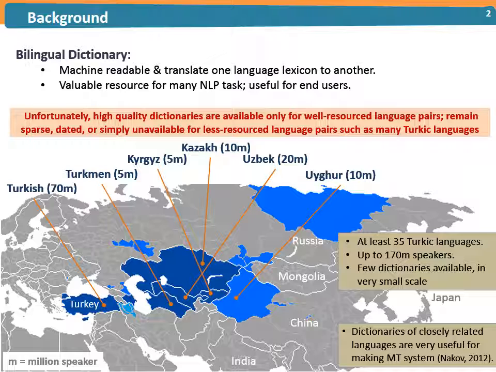But there are few dictionaries available for those languages in between, and they are very small scale. And also, recent studies claim that dictionaries of related languages are very useful for making machine translation systems.